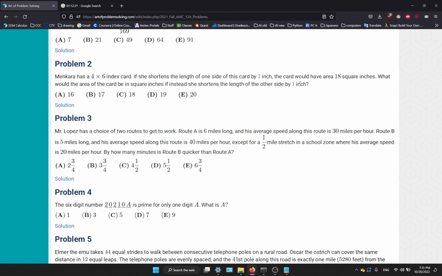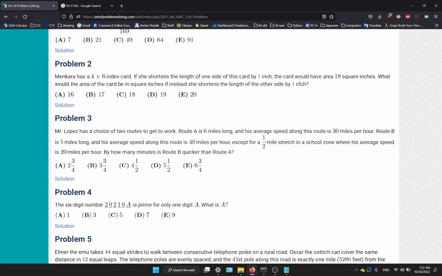So a 4x6 has an area of what? 24. So to shorten one side by 1 inch, I can either take away 6 or 4 from 24. Which one would give me 18? Okay, I would take away 6, right?